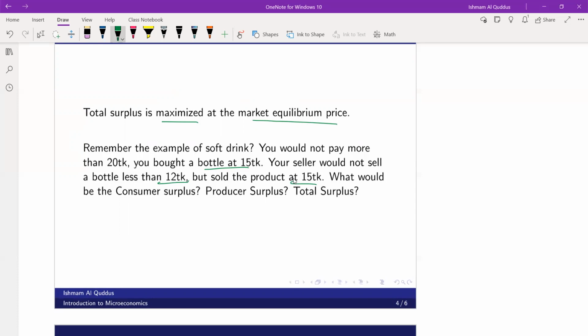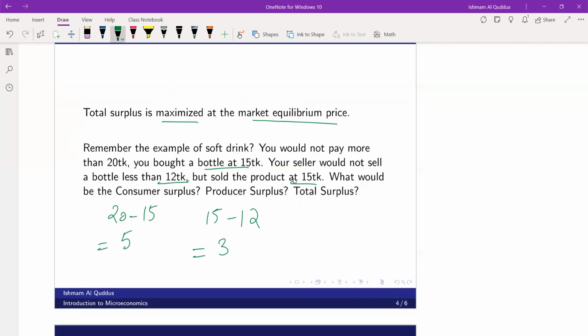So the consumer surplus would be 20 minus 15, 20 being your willingness to pay, 15 is the amount paid, which is 5 taka. Producer surplus would be 15 minus 12, which is 3.